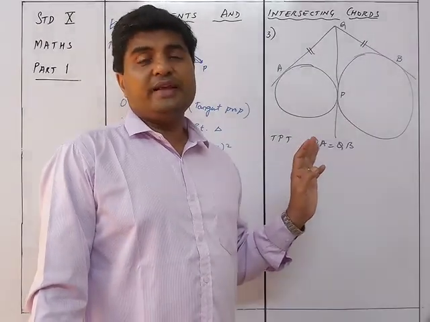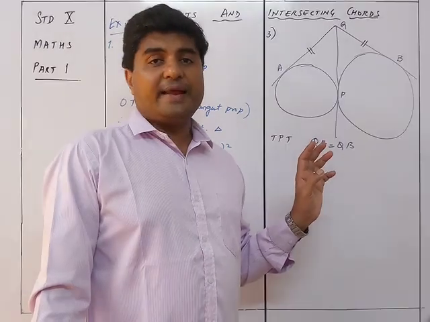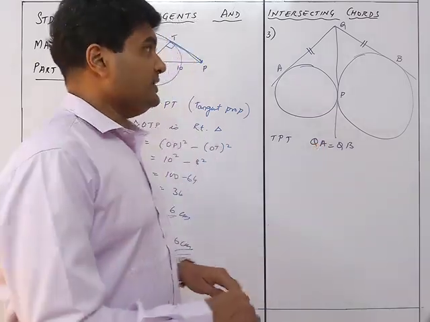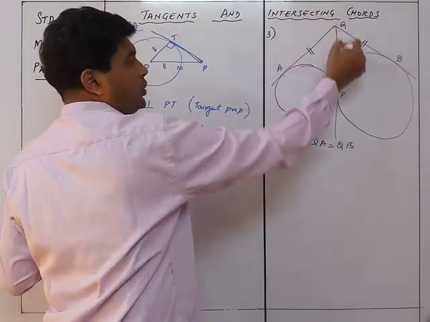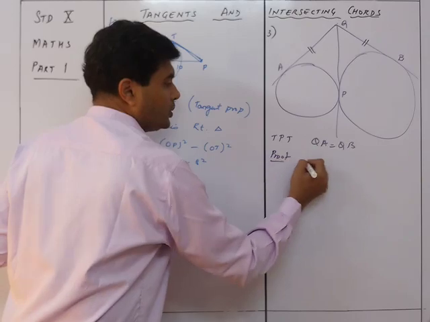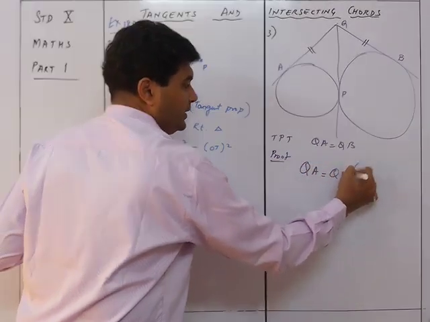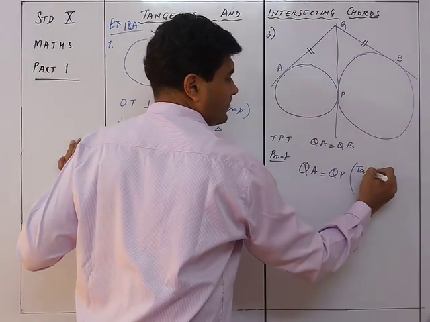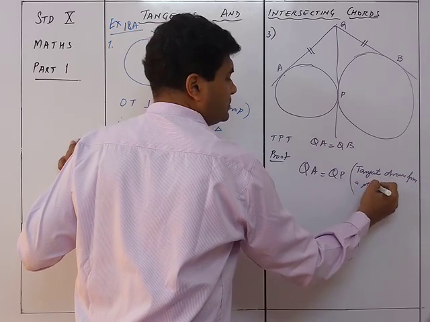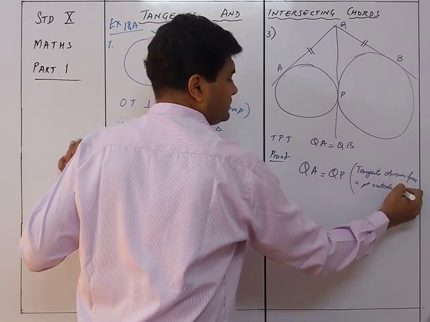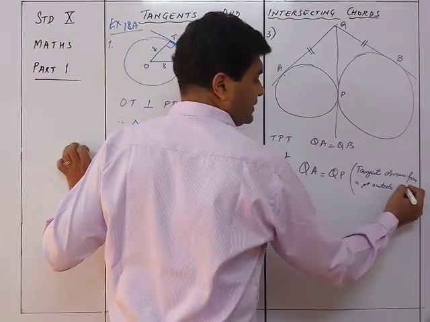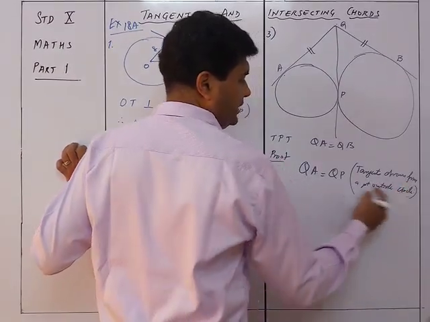We'll be using the corollary of the tangents: tangents drawn from a point outside the circle are equal. That means QA and QP are tangents to this circle. So we know the proof will be QA is equal to QP, tangents drawn from a point outside the circle are equal.